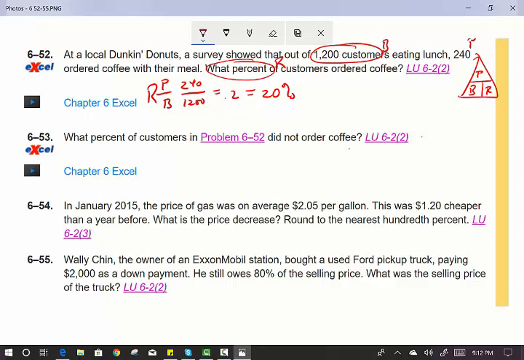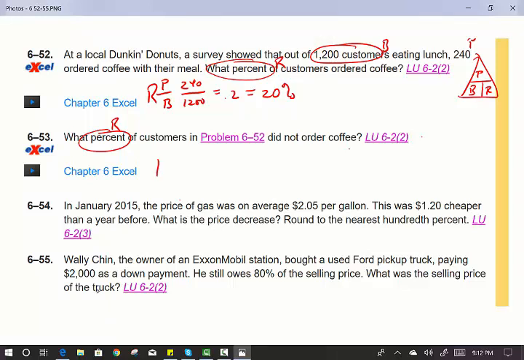Number 53, what percent of the customers did not order coffee? Well, 80%, but let's work that out instead of just guessing the 80%. So again, we're solving for percent, what percent did not order coffee.